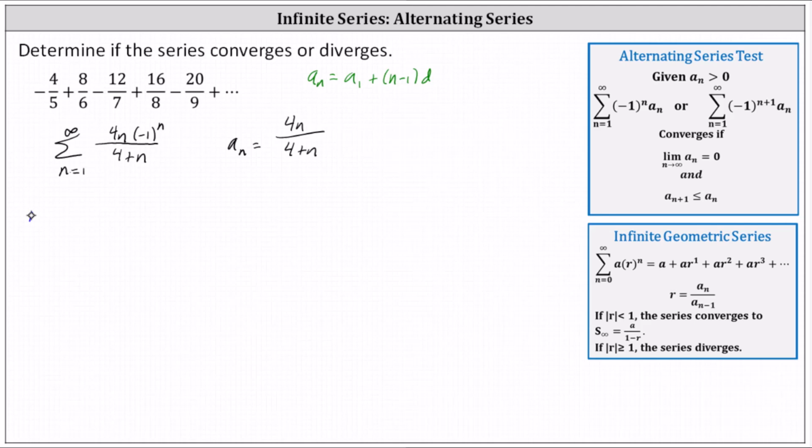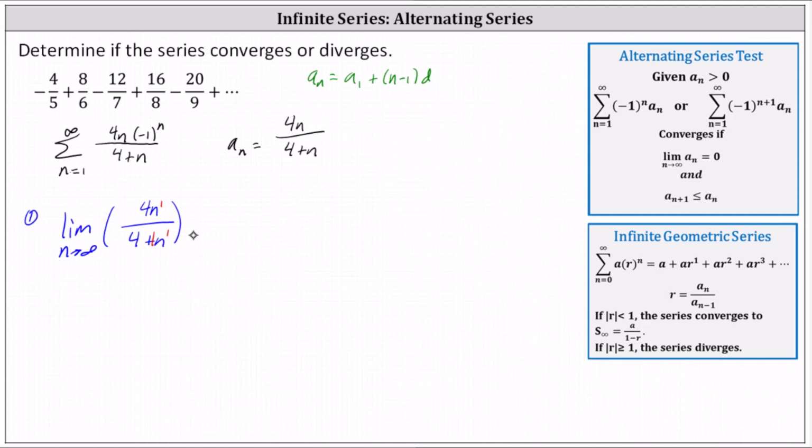So for the first step, we'll determine the limit as n approaches infinity of a sub n, which is 4n divided by the quantity 4 plus n. The shortcut to determining this limit is to recognize the degree of the numerator and denominator are the same. They're both degree 1, and therefore the limit equals the ratio of the leading coefficients, which would be 4 divided by 1, or 4.